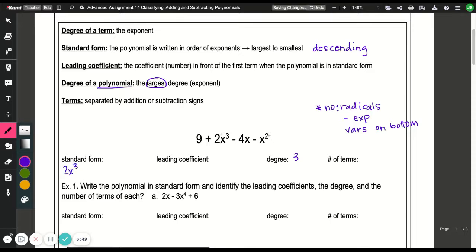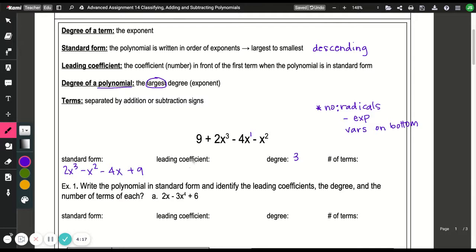The next exponent is the 2. That's the next highest. So negative x squared is the next term. And then the 4x, remember if there's not an exponent, it's automatically a 1. So the negative 4x. And then the last term, if there are any constants, they're always last. A constant means that there's no variable attached to it. So that would always be last.